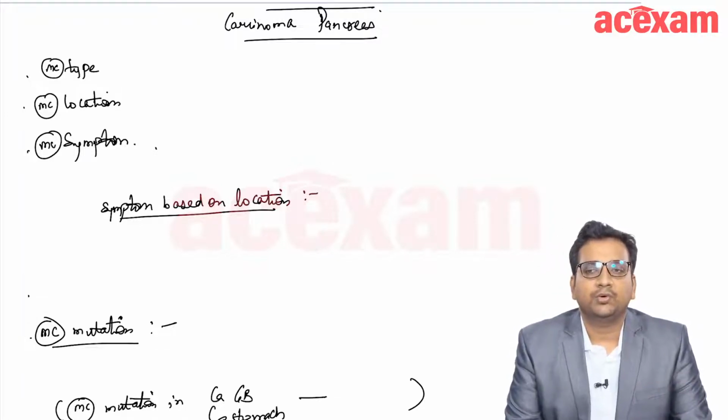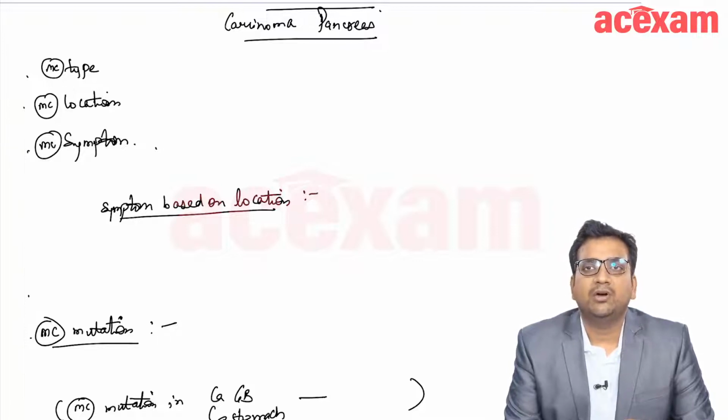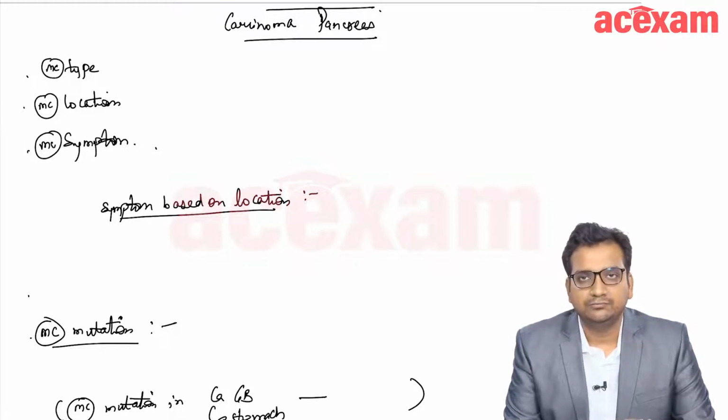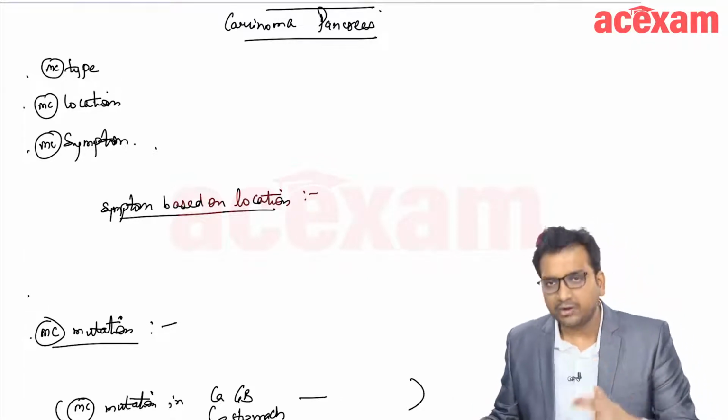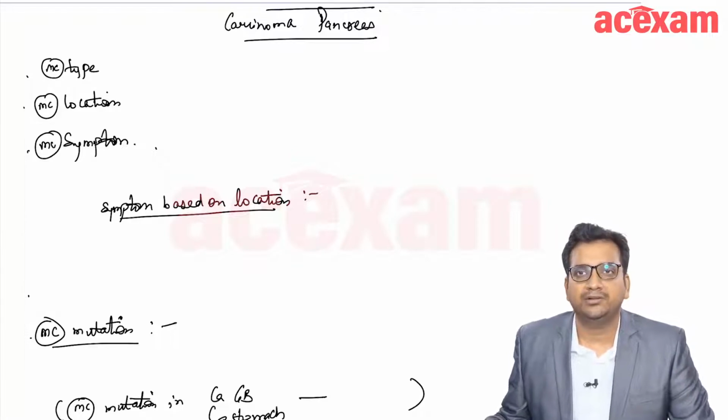There is a 60-70-year-old patient having complaints of jaundice with abdominal pain, and on examination the gallbladder is palpable. What is the most probable diagnosis? The most probable diagnosis is carcinoma of the pancreas. What is the most common type? It is adenocarcinoma.